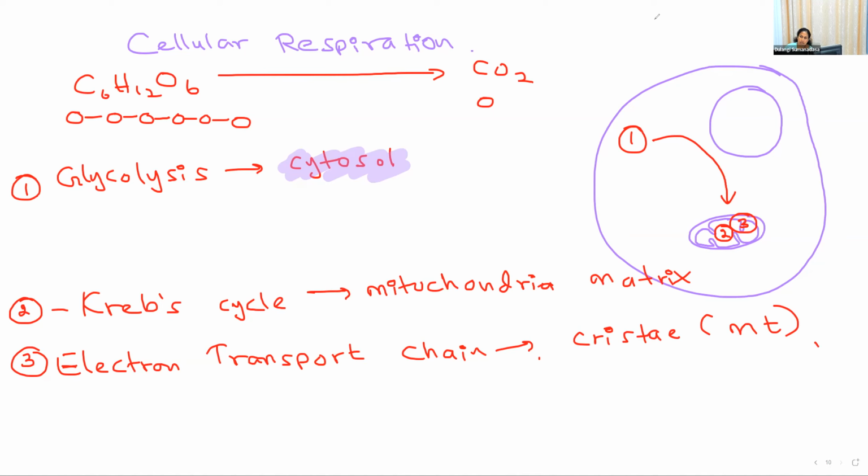So I'm going to start breaking down the glucose. Glucose has 6 carbons. I'm going to use 3 stages to break down glucose until it becomes 1 carbon dioxide.